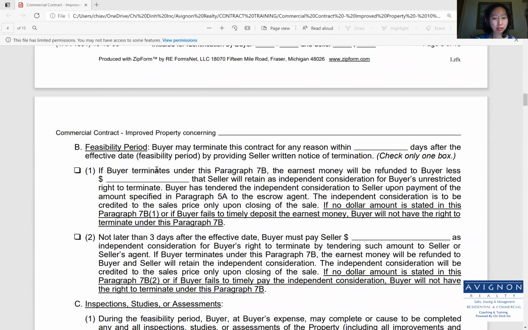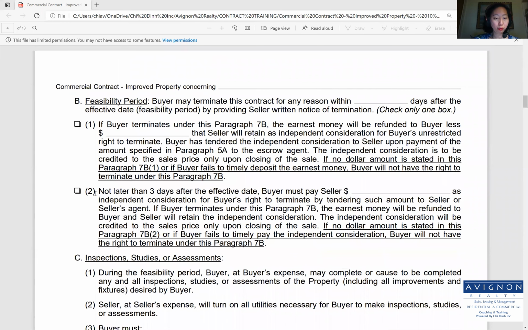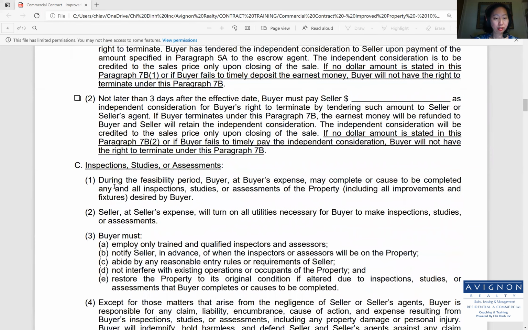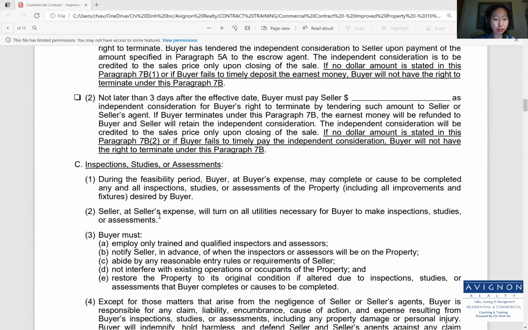Feasibility period: buyer may terminate this contract for any reason within X amount of days after the effective date by providing seller written notice of termination. So check one box, either 1 or 2. And then C is inspection, studies, or assessment.